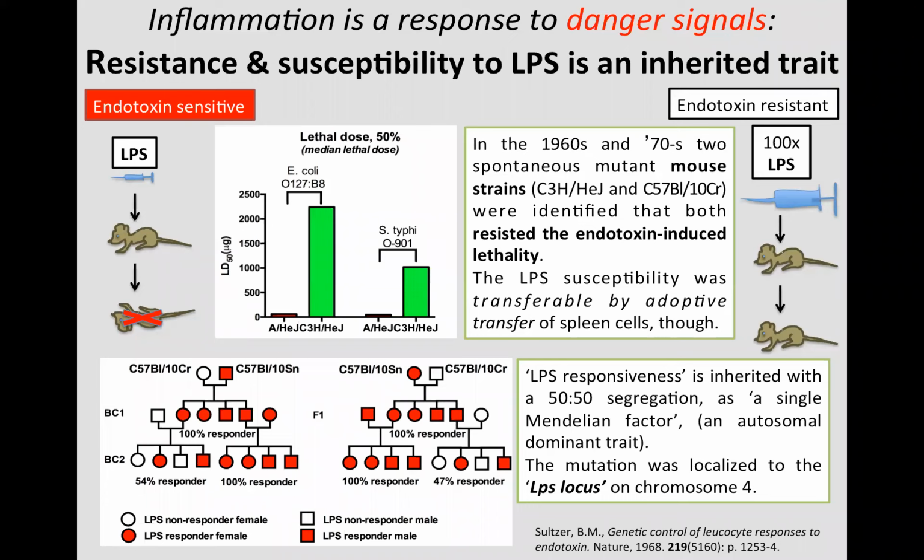And the endotoxin sensitivity can be transferred from the endotoxin sensitive mice to the endotoxin resistant mice. And this trait could be localized to a single locus, the so-called LPS locus on chromosome 4 in mice. It was a single trait, a single gene, and it was shown as a simple Mendelian inheritance in mice. So 50% of the offspring were resistant, 50% sensitive to endotoxin.